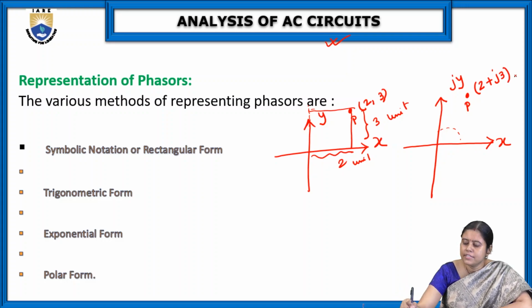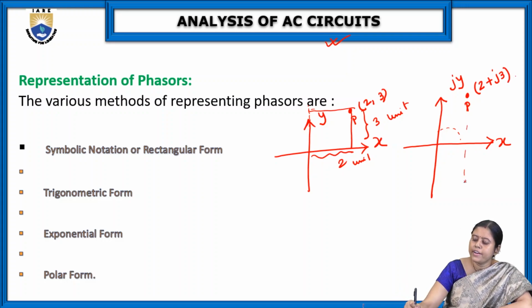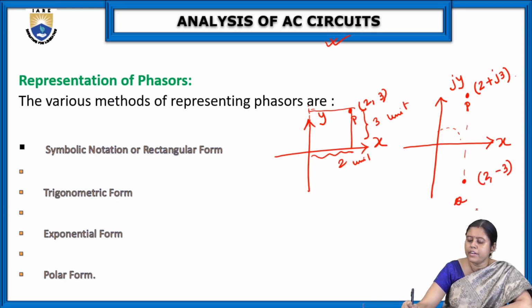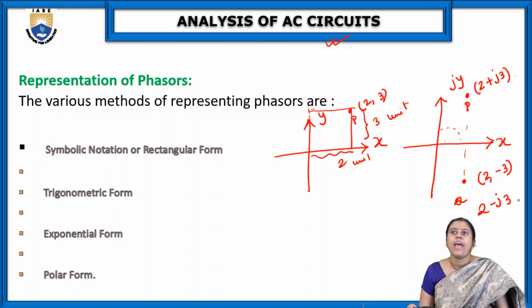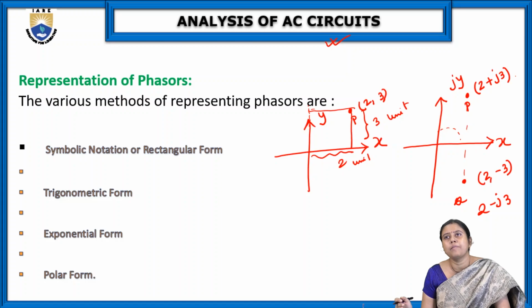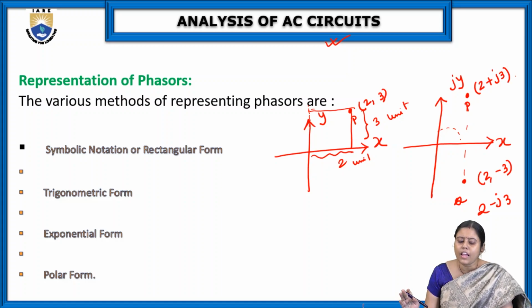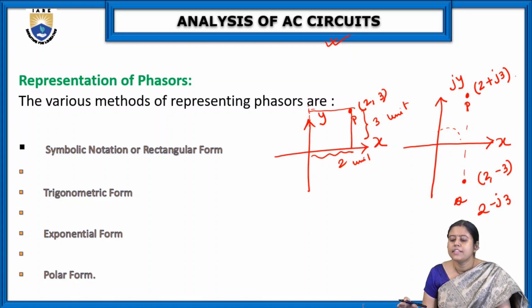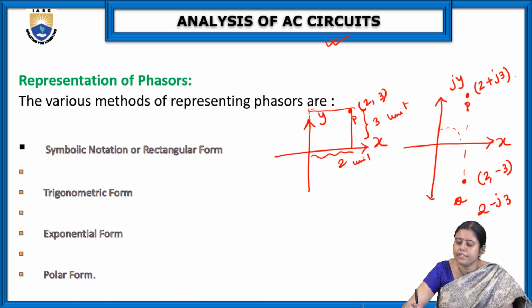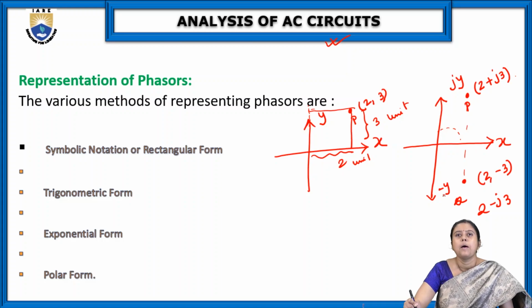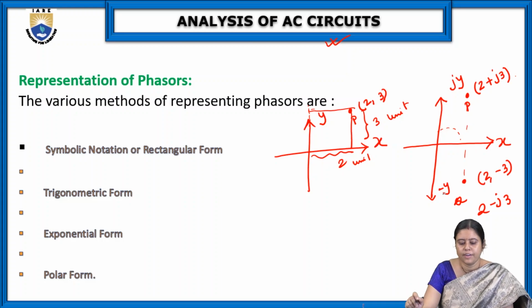If one point Q is 2, minus 3, the point will be 2 minus j3. As plus 90 degrees and minus 90 degrees, we write them by j. We represent the y-axis by j notation.